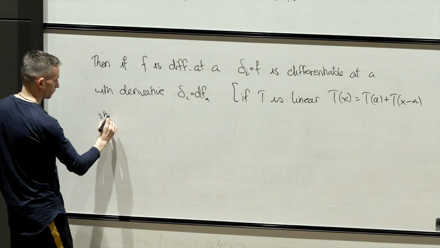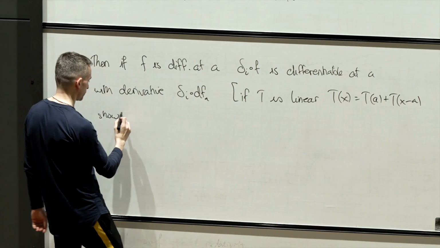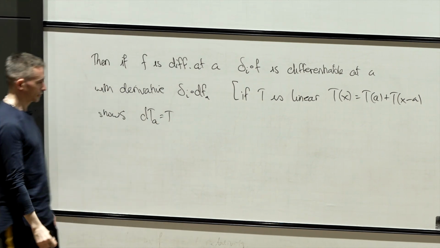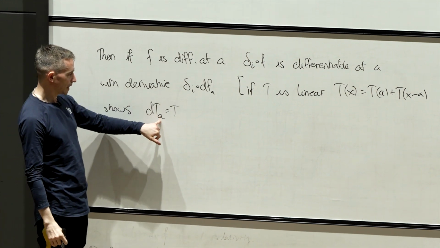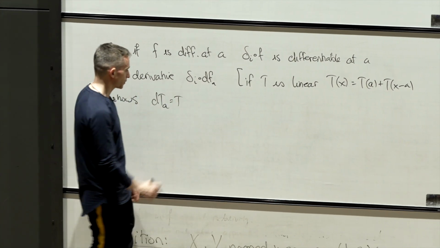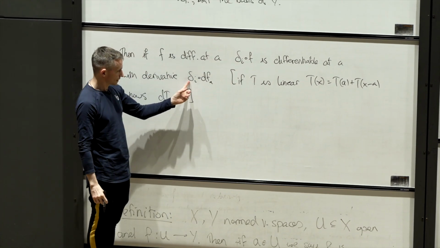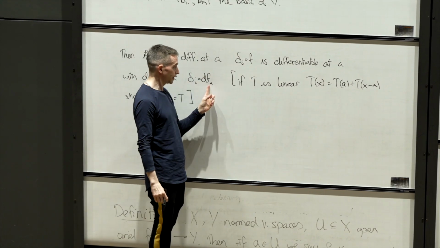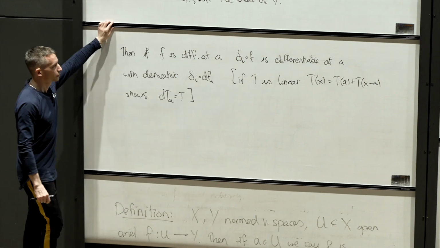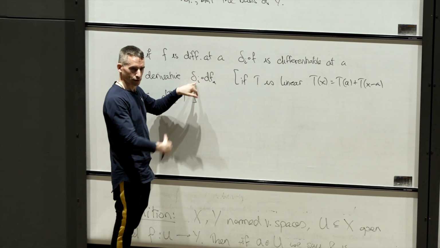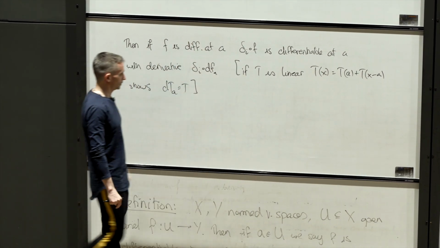Shows, on the nose, there's no error term. It shows that the derivative of t at a is just the linear map that you started with. So the derivative of this composition being this linear map composed with the derivative of f at a is a case of the chain rule. It's a much easier case, so you should just check that it follows immediately from the definition.